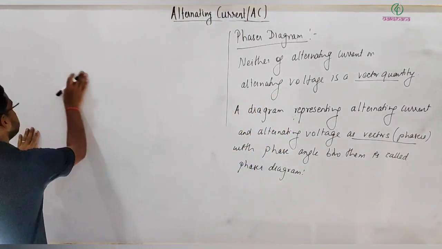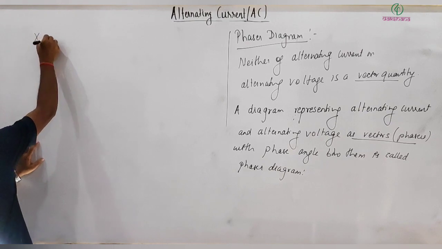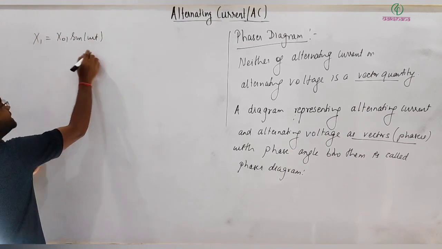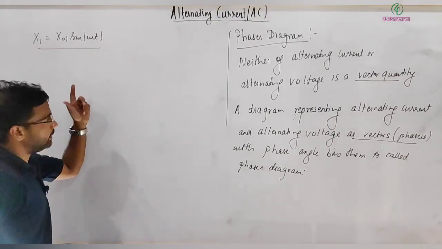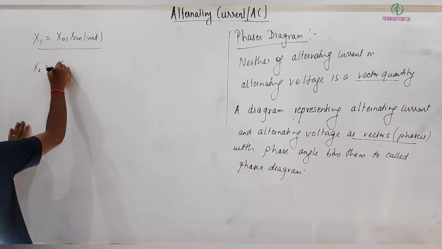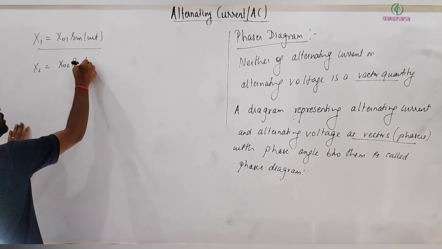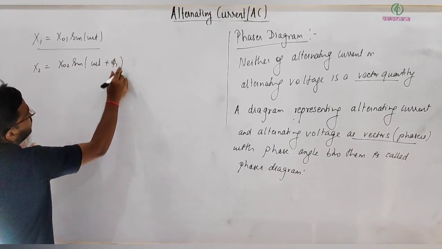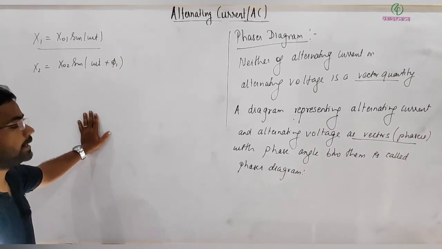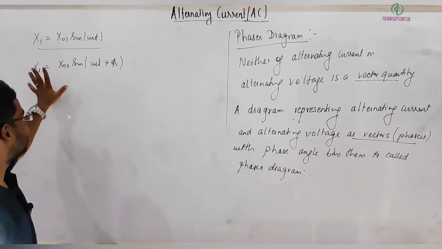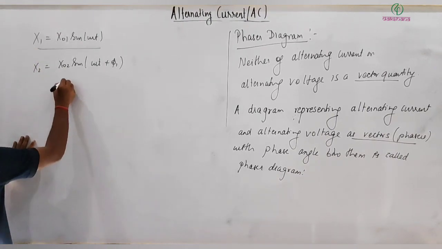Let me just draw it simple. So if I say x1 is equal to x1 naught sine of omega t, this is my one alternating quantity, and if I say x2 is equal to x naught 2 sine of omega t plus maybe some phi 1, another alternating quantity, then to draw these quantities as vector, I will draw it this way.